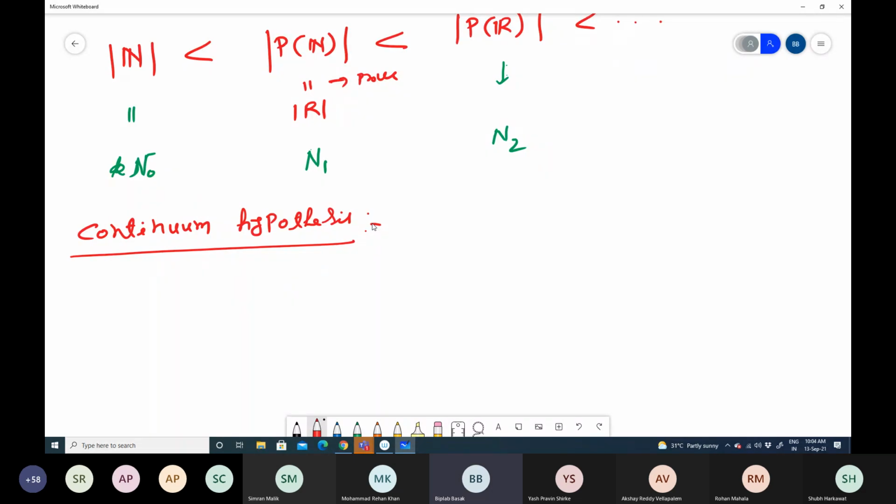I have not seen a result that the continuum hypothesis cannot be proved and cannot be disproved. Generally when you have this kind of result, it is equivalent to something which is an axiom. For example, mathematical induction you cannot prove because it is equivalent to the well-ordering principle of N. Similarly, R has the least upper bound property, you cannot prove that. So we generally assume this as an axiom.